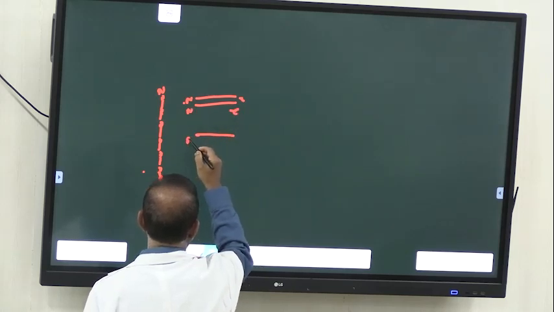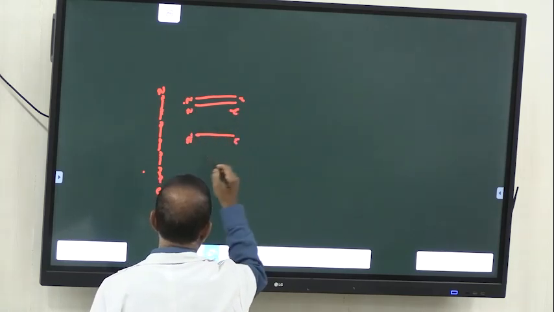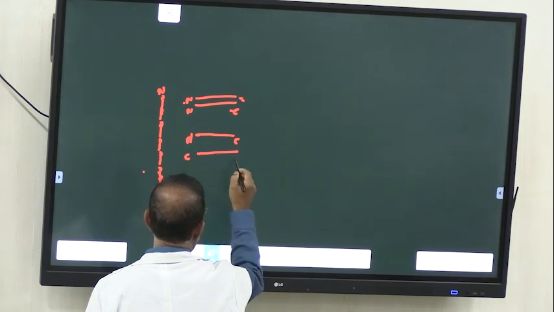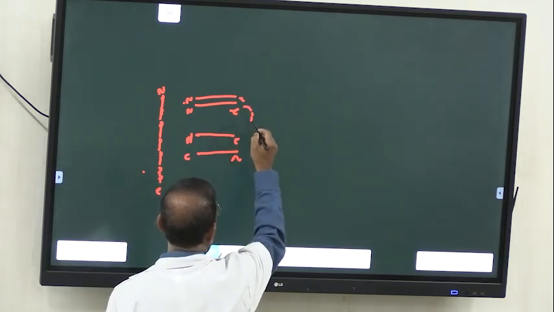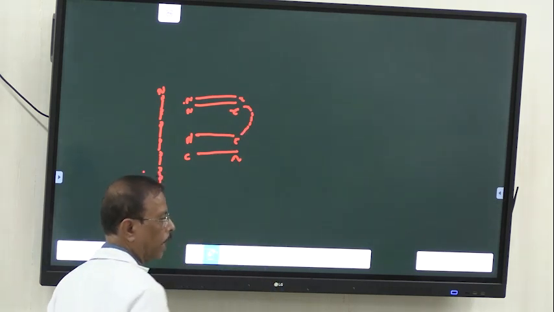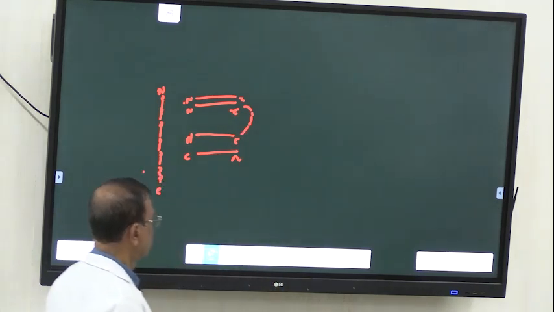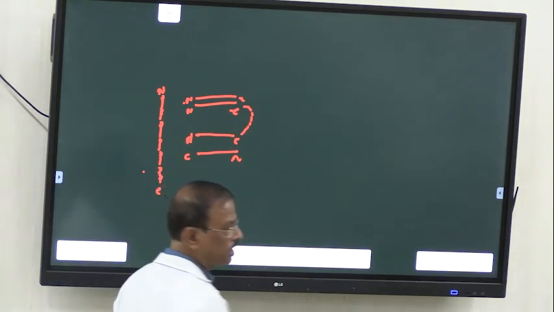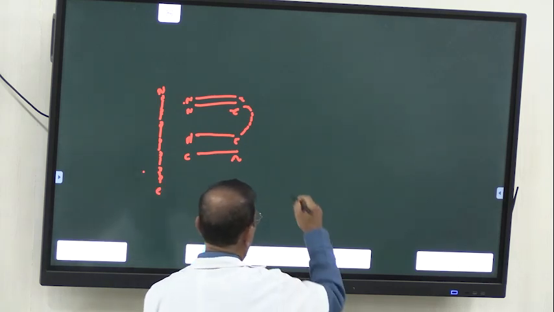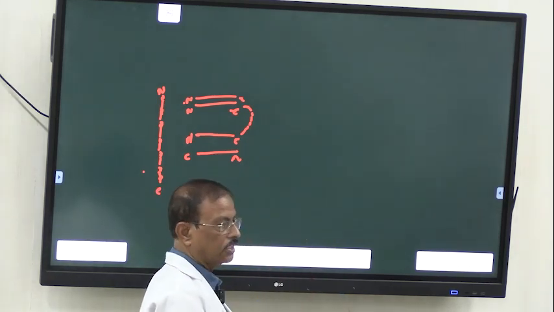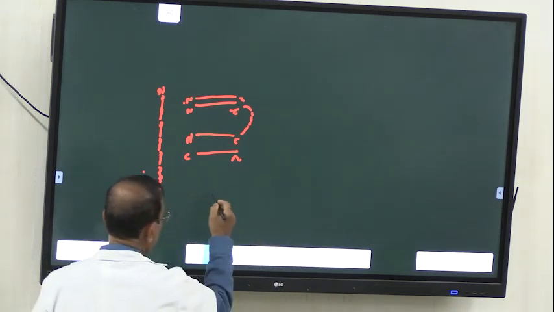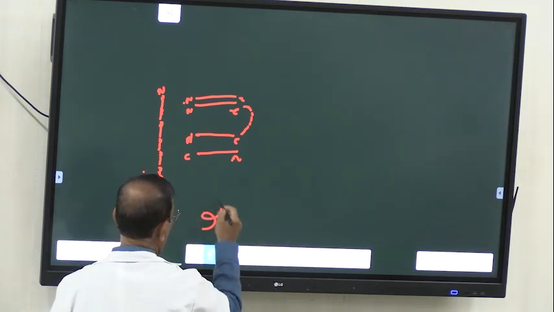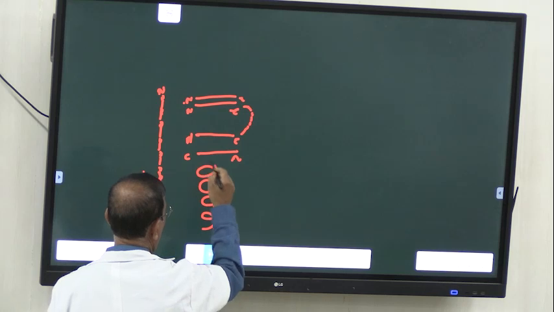For example, I am just drawing, so it may be connected by a bend or loop. This is the secondary structure, beta pleated sheet, and in the tertiary structure, this is another alpha helical loop.